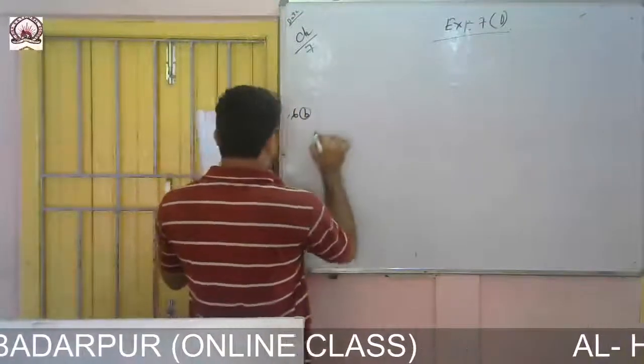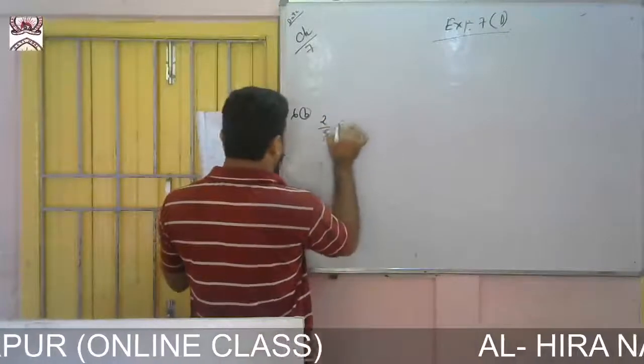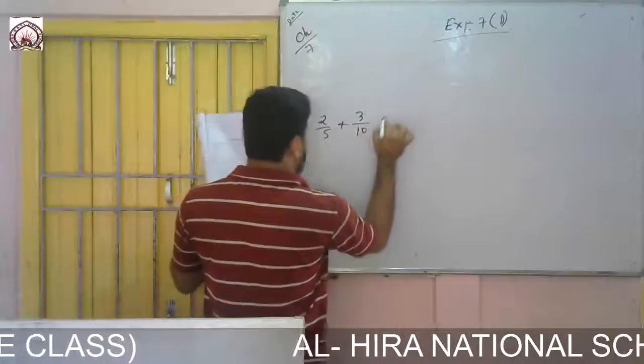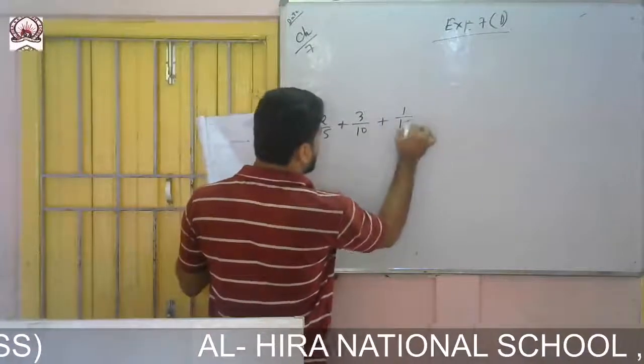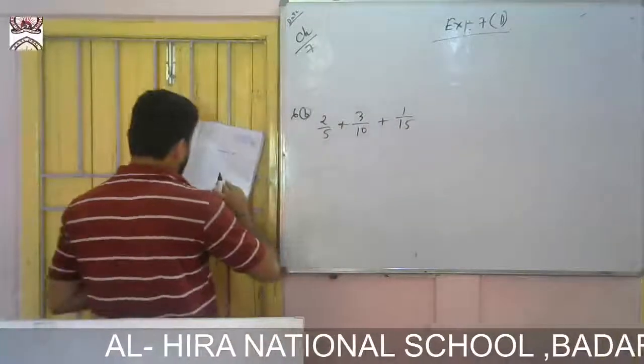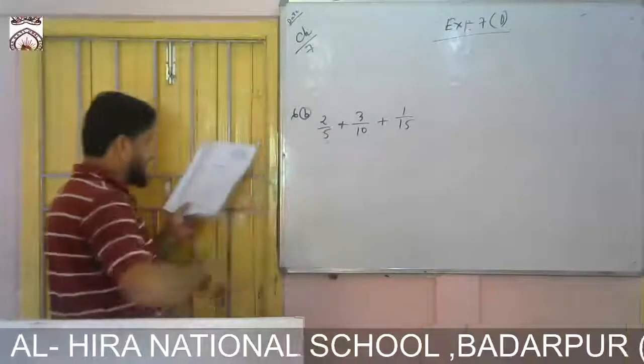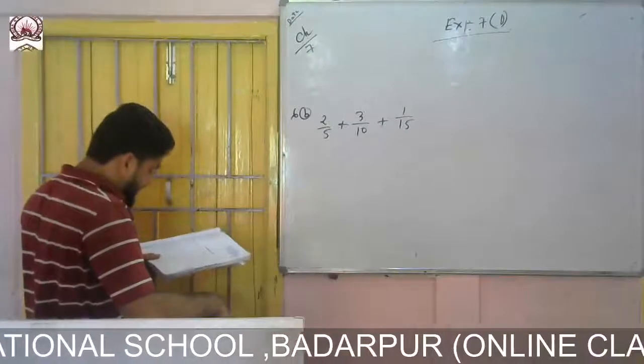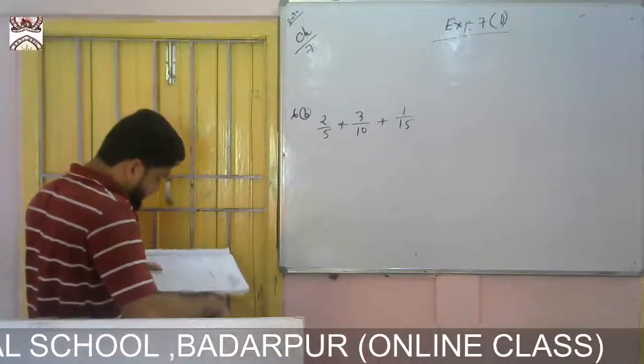6B, what is there? 2 by 5 plus 3 by 10 plus 1 by 15. Okay.